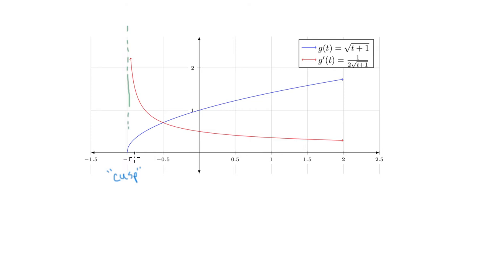The derivative function is undefined at t equals negative 1, but the actual function itself is defined. It's just equal to 0. So it's a really cool phenomenon where the function is defined at a point, but the derivative is not, because the slope at that point is too steep.